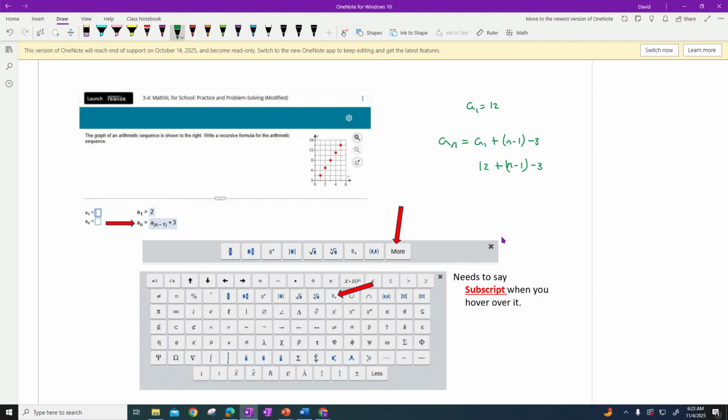If I put that in just like that, it's going to say it's wrong. And I said, well, what's wrong with that? My d is a negative 3.